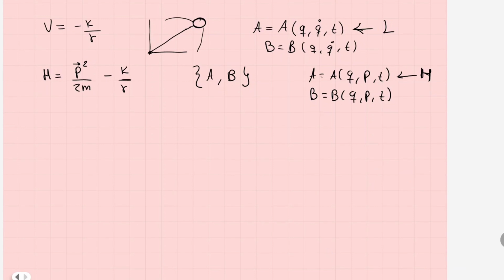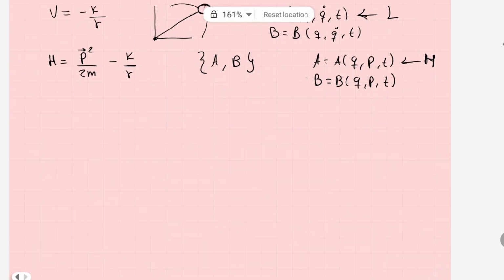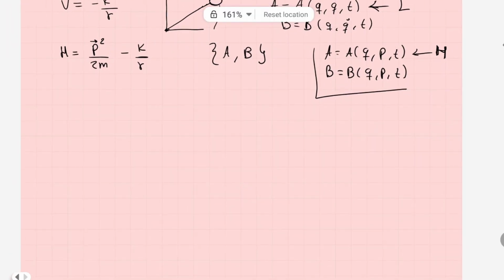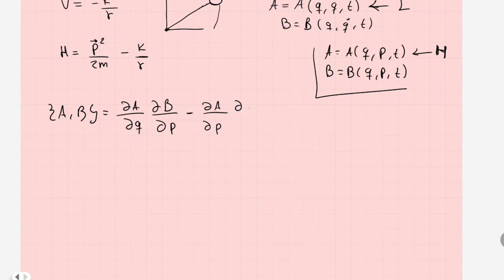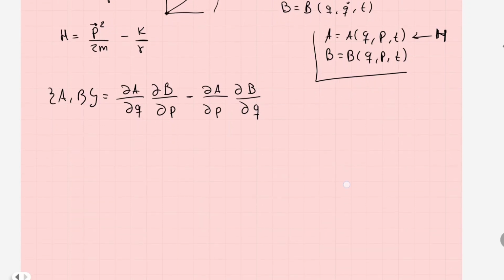For this kind of functions, we define the Poisson brackets of a and b as the partial derivative of a with respect to q times the partial derivative of b with respect to p, minus the partial derivative of a with respect to p times the partial derivative of b with respect to q. Okay, this is just a definition for now.